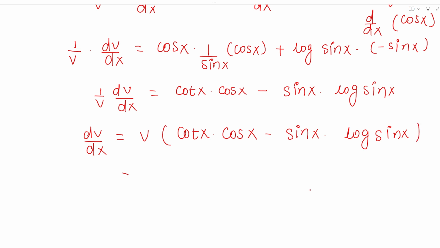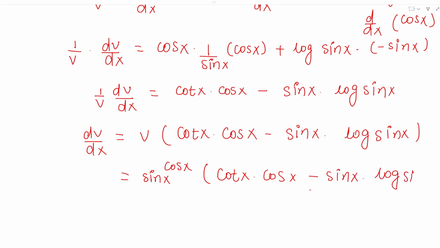Now let's plug in the value of v. So dv by dx equals sin x to the power cos x times cot x into cos x minus sin x into log sin x.